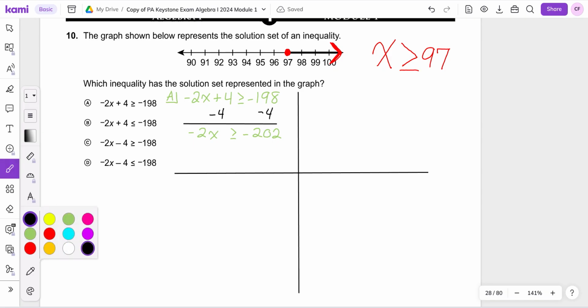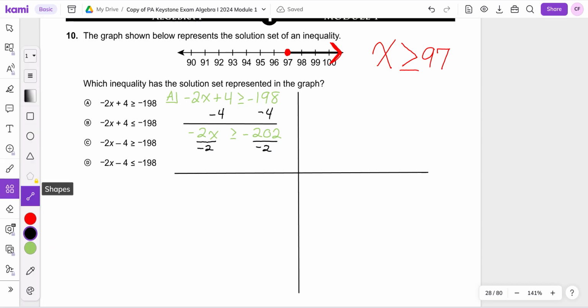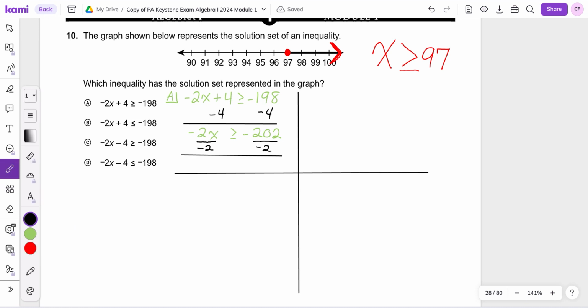And lastly, we have to divide everything by negative 2. Following the rules of inequalities, when we multiply or divide by a negative, the inequality sign needs to flip. So now it's less than or equal to 101.